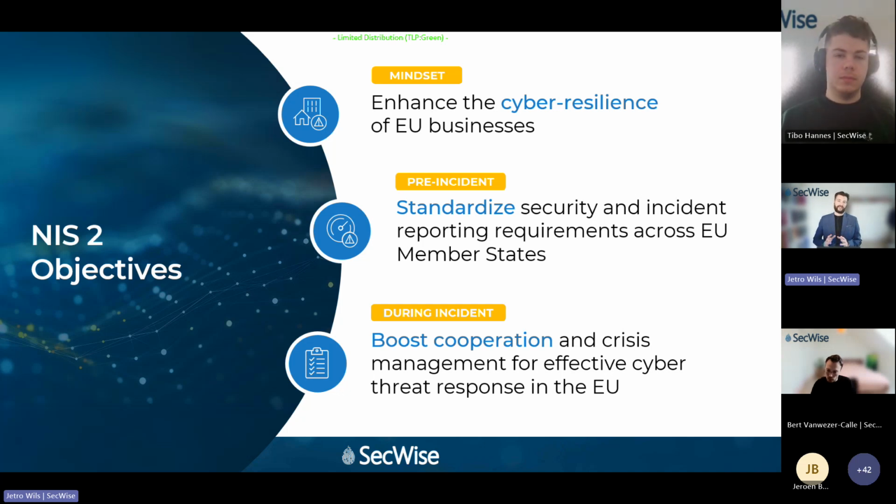Now, what are the objectives, right? If I now, for a moment, just take one step back and look at the NIS2 Act, what are the 3 main objectives? Number 1, we want to enhance cyber resilience of the EU businesses, and that's what Europe wants. Now, cyber resilience is different from cyber security, right?